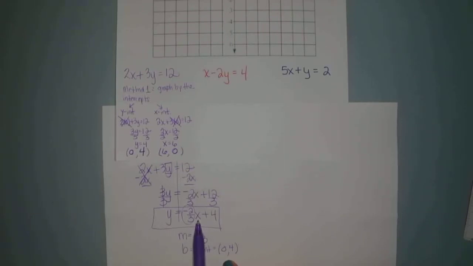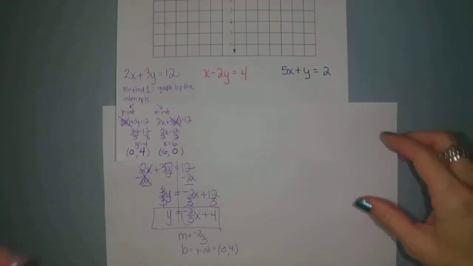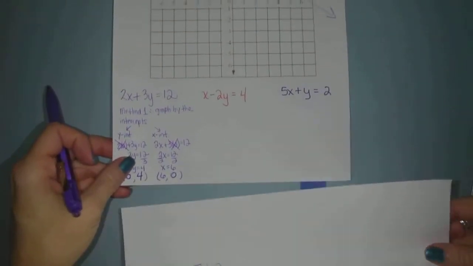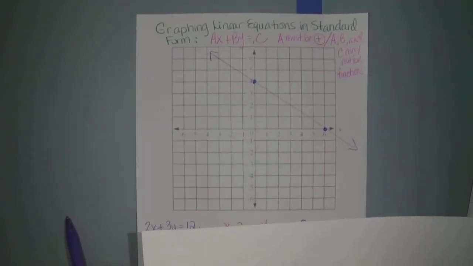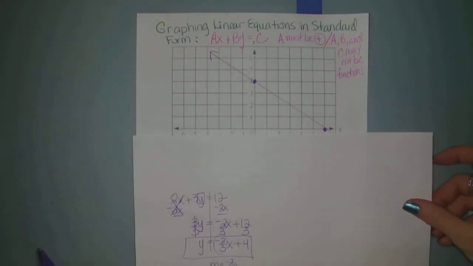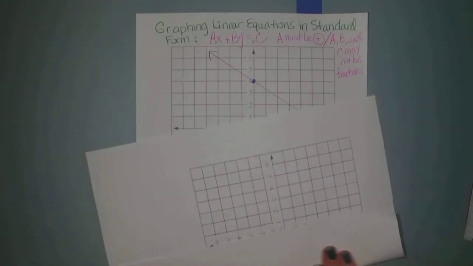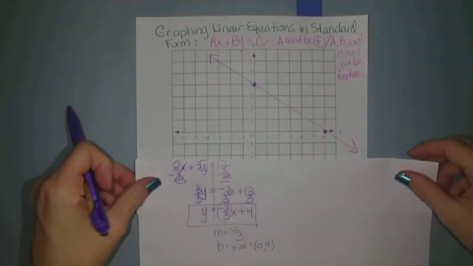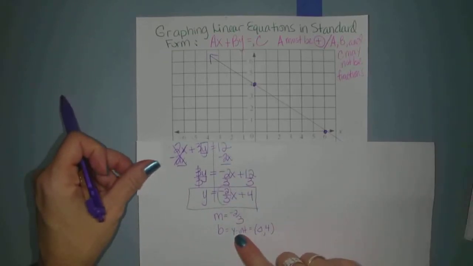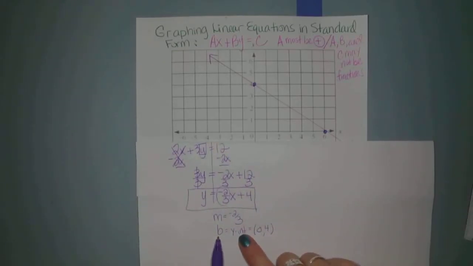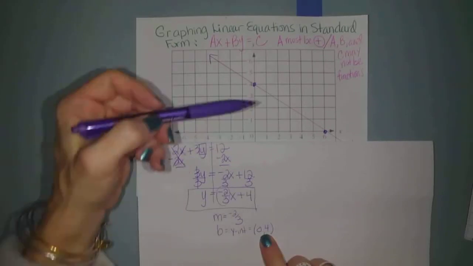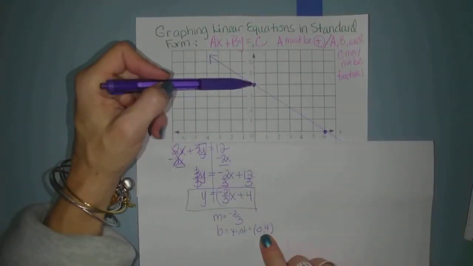When x is 0, this vanishes and we're left with 4. So 0, 4. Now, let's go back to the graph. We already have it graphed, right? We did the intercepts, but check it out. Let me fold this here. If I bring this up, look how it matches. Look at this info. If you start your launching point from 0, 4, we already have that plotted.